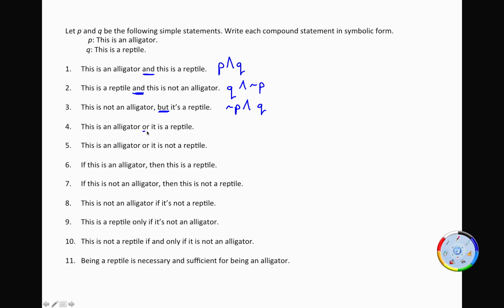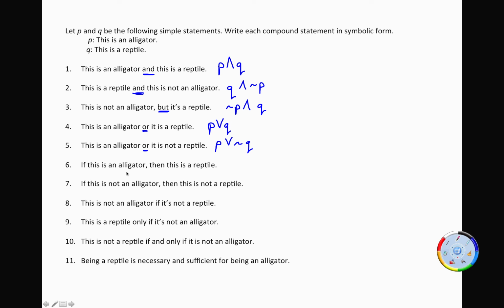This is an alligator, or it's a reptile. This time it's a disjunction. This is an alligator, or it's not a reptile. Okay, here's an if-then.